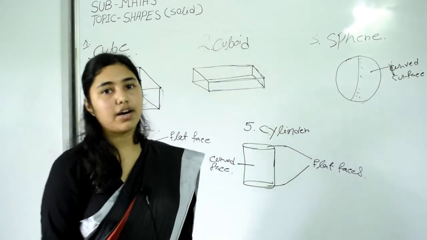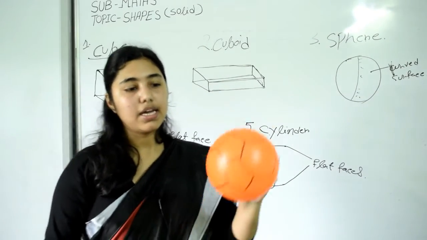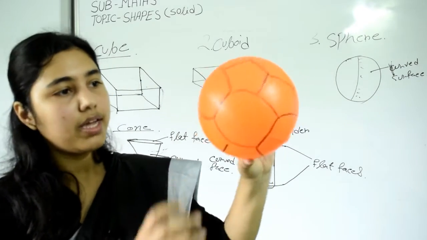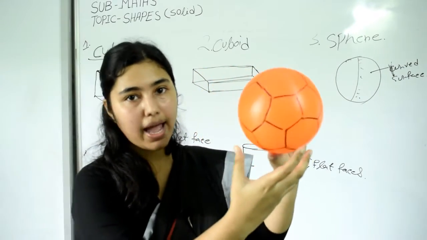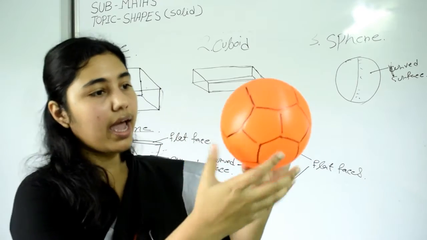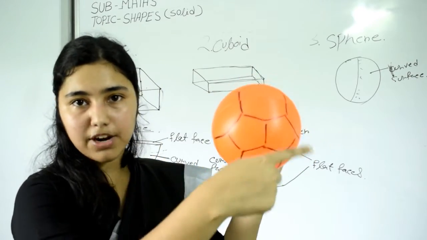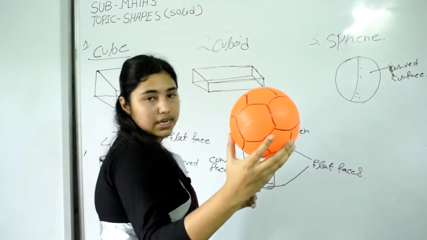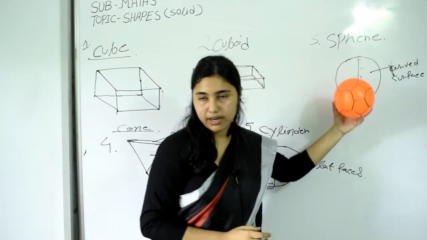Now consider some daily life examples. Here look at this ball. It has no edges and no vertex and one curved surface, which means this is an example of a sphere.